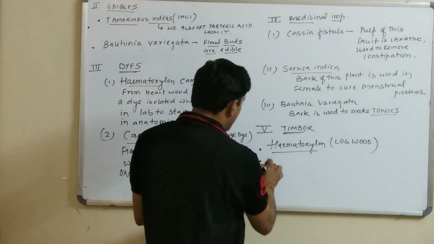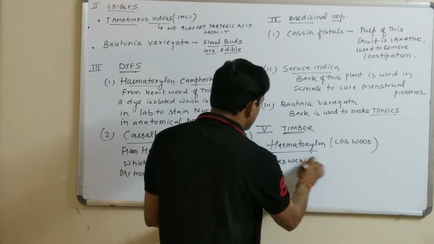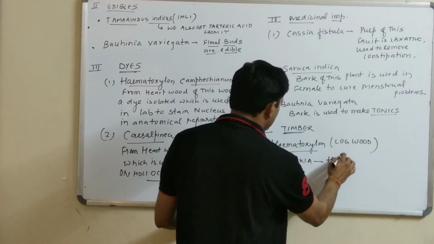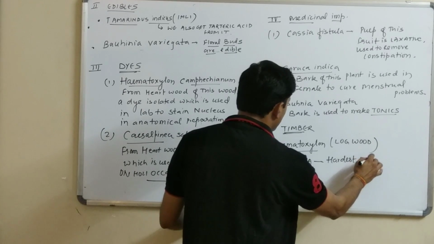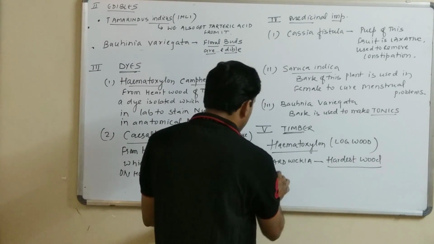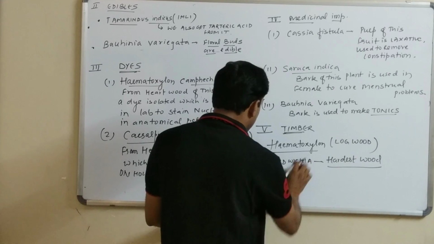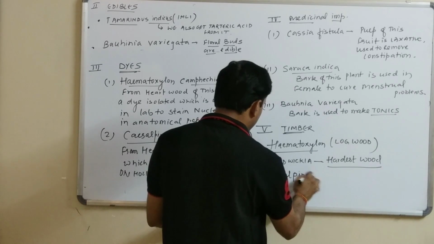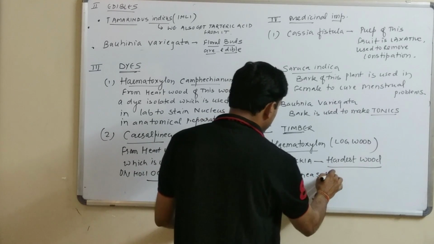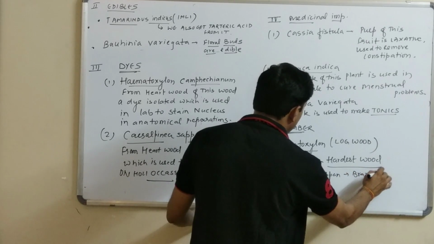Next, Hardwickia, as the name indicates, hardest wood, also belongs to this family. And Caesalpinia sappan, which is also called Brazil wood.